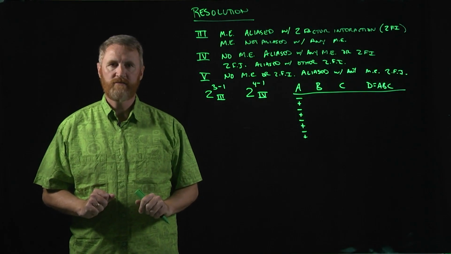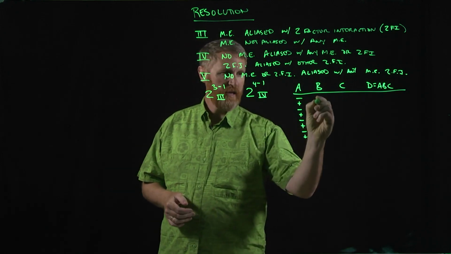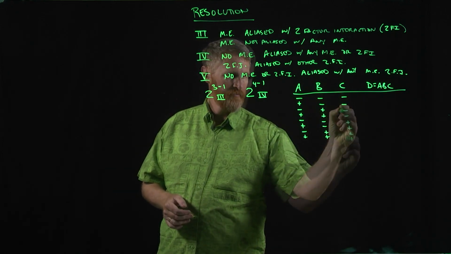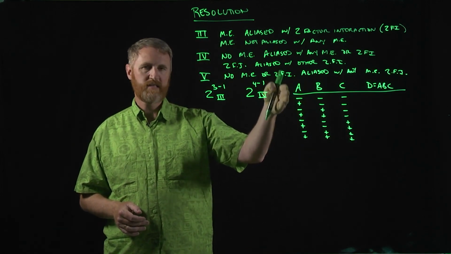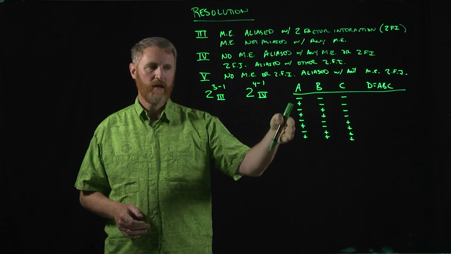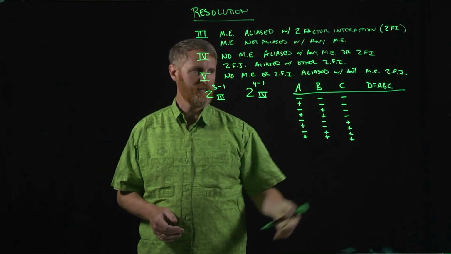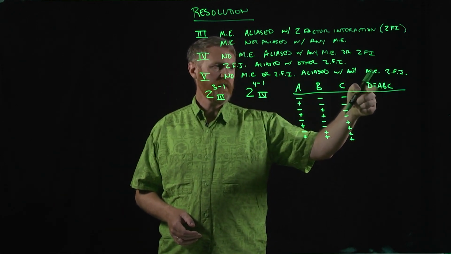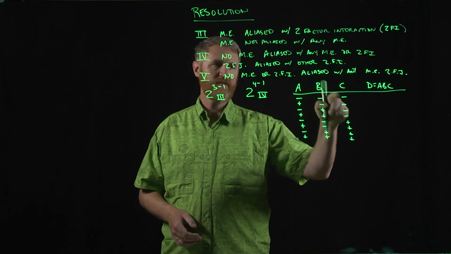I'm assuming you've paused the video and you've now returned, so now we're going to complete the table. So B is going to be minus minus, and then C. Now notice that half the experiments A is at the high, A is at the low. Half the experiments B is at the high, B is at the low. Half the experiments C is at the high, C is at the low. So when we go to D, that's going to be the multiplication of A, B, and C. So a negative and a negative is positive, and a negative is a negative.